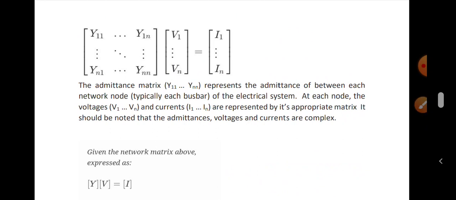Admittance matrix is there, and a matrix representing the various node voltages, or you can say bus voltages, from V1 to Vn is there, and also the current, which is shown as I1 up to In here. And you must know it very clearly that admittances, voltages and currents all are complex quantities.